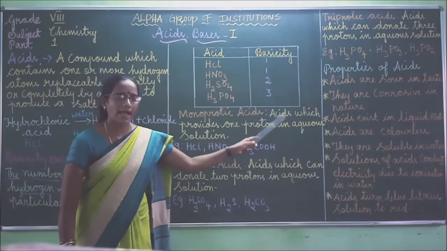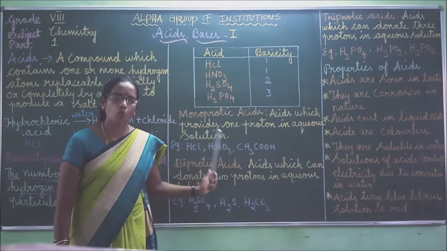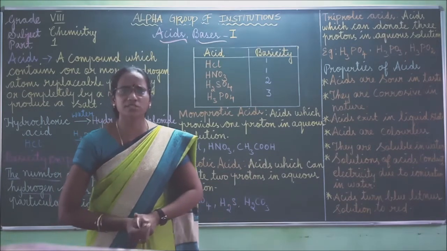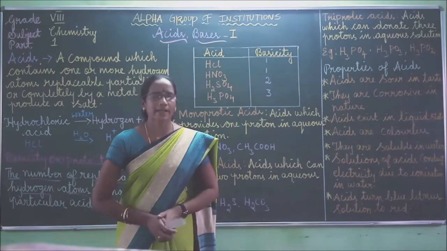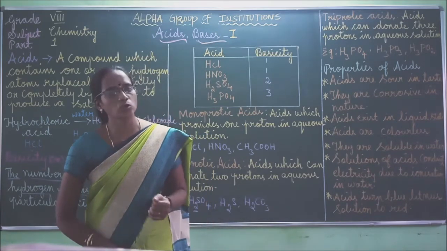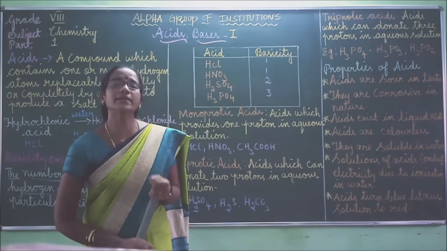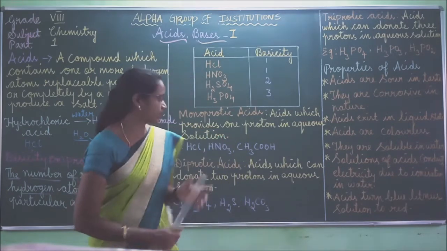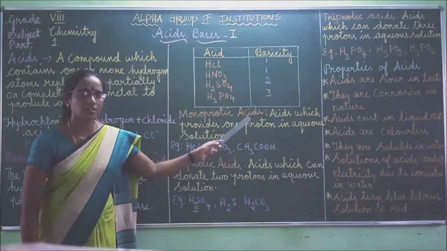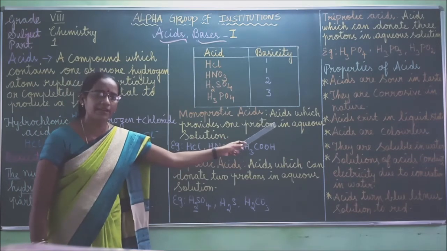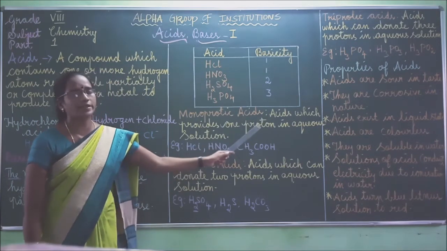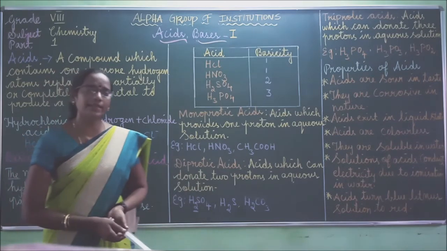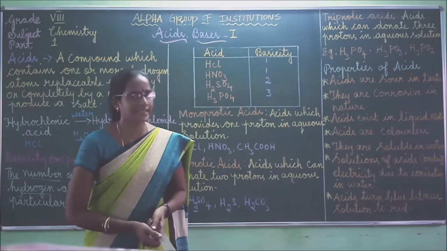What is meant by aqueous solution? Aqueous solution means the solution in which water acts as a solvent. So monoprotic acids are defined as acids which can release 1 proton in their aqueous solution. Then we can say it is a monoprotic acid or monobasic acid.